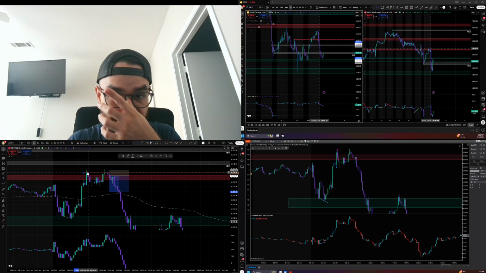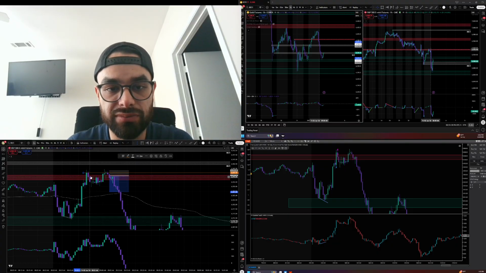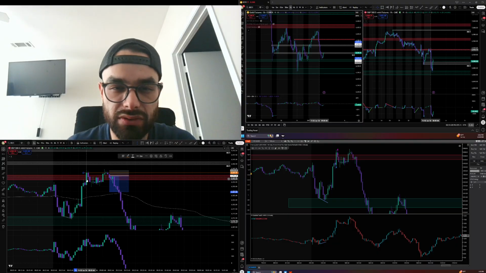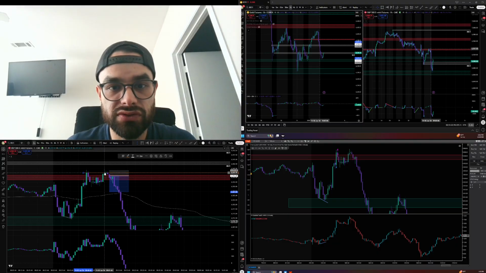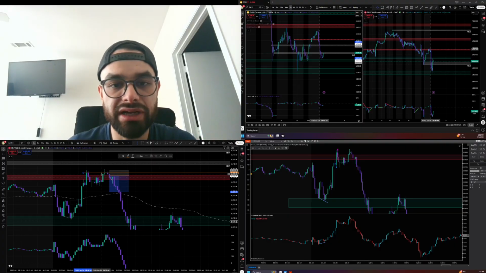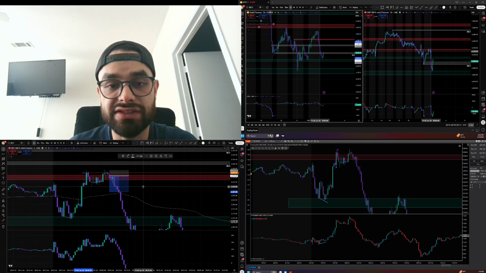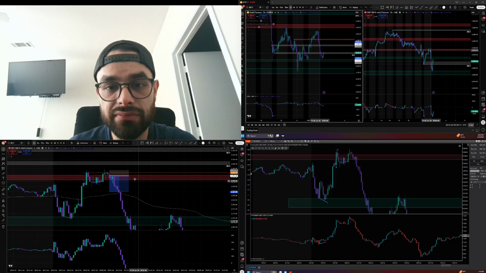It broke through that supply level. Then it starts consolidating. To me, this looks like a failed breakout of a supply level. So what I was hoping to see was a double top or a divergence in the CVD, or seen on the book map, a lot of sellers being right here on this area over here.